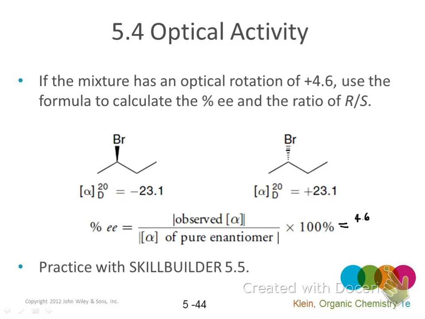I ignore which one's in excess. I just do the calculation. So you just ignore the signs, calculate the excess. But then you have to know which one's in excess, and you do that based on what the actual sign is. So 4.6 divided by 23.1 times 100. I think it comes out to be like 19.9.